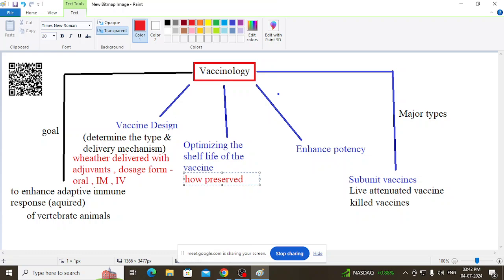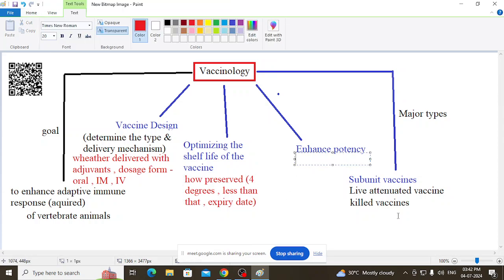Whether it will be preserved at 4 degrees or less than that. And one more thing, the expiry date, how much it will be, that also is determined by this optimization of shelf life.